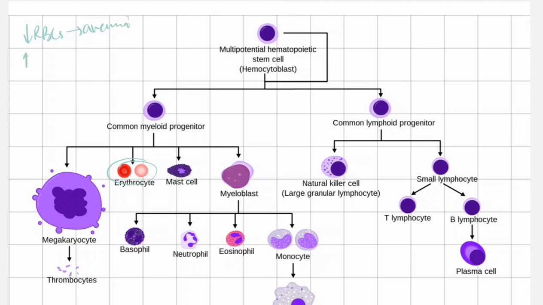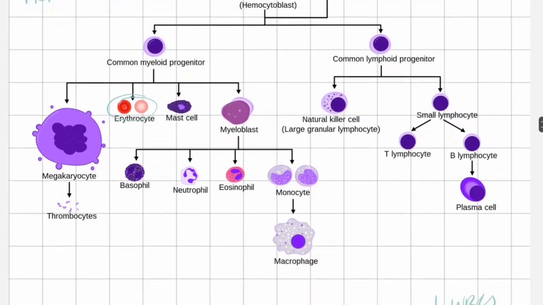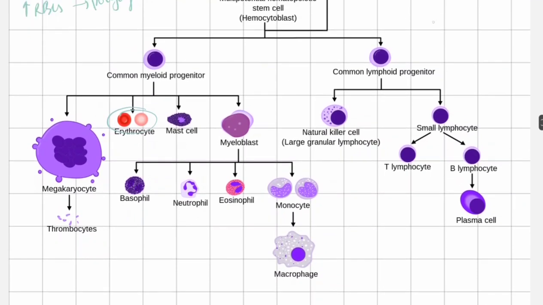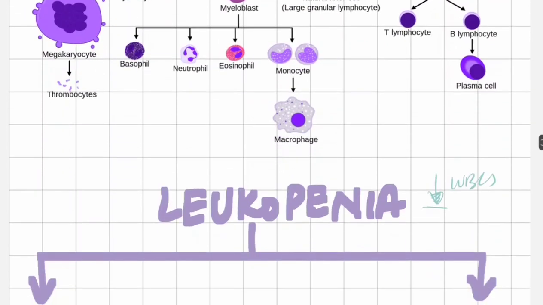And when there is an increased amount of RBCs, we call it polycythemia, right? Same case with platelets. We've already done platelets. If you decrease it, it's called thrombocytopenia, right? Same case with leukocytes. If you increase, it's called leukocytosis. If you decrease, it's called leukopenia.